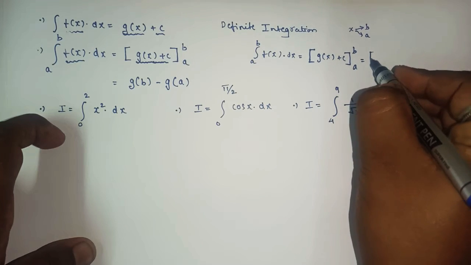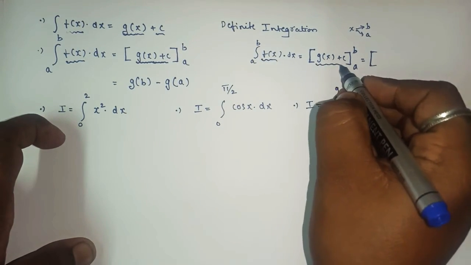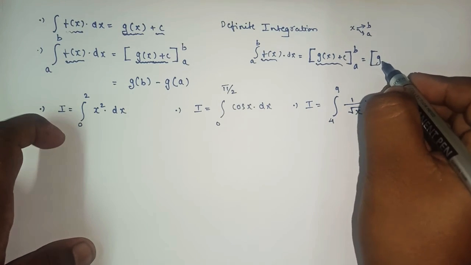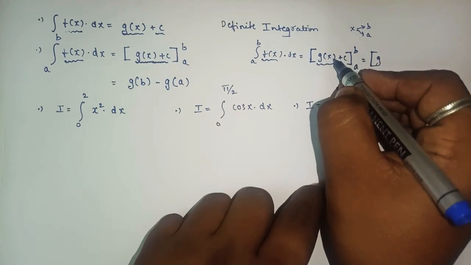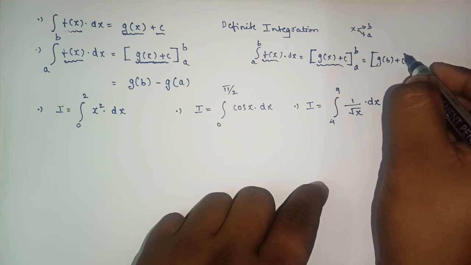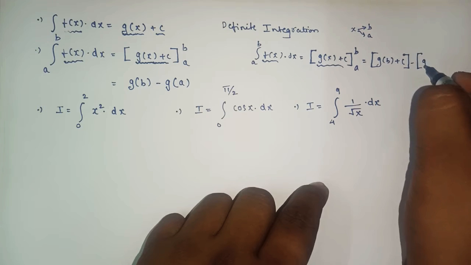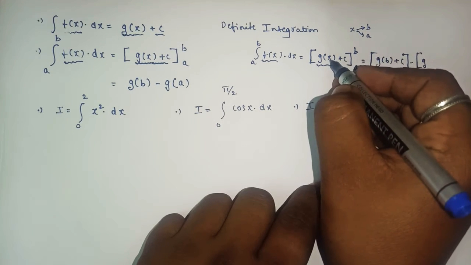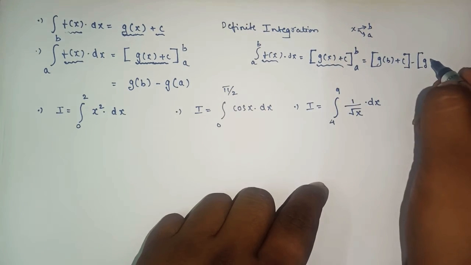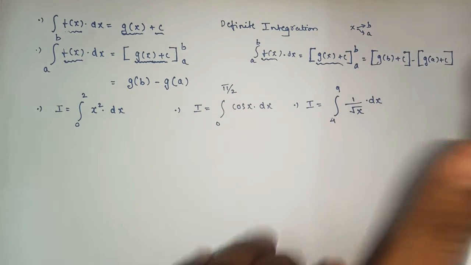So simply, after integrating with respect to x, you have to replace the value of x first by b, then after that by a, first the upper limit and then the lower limit. Got the point? That's it.